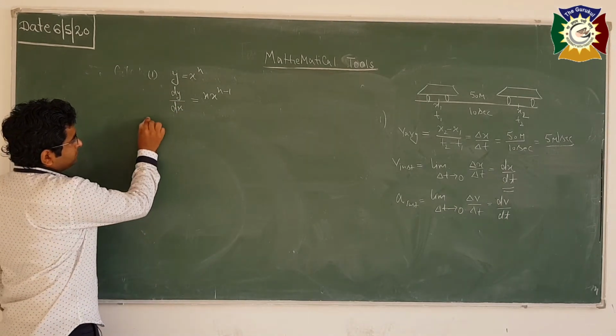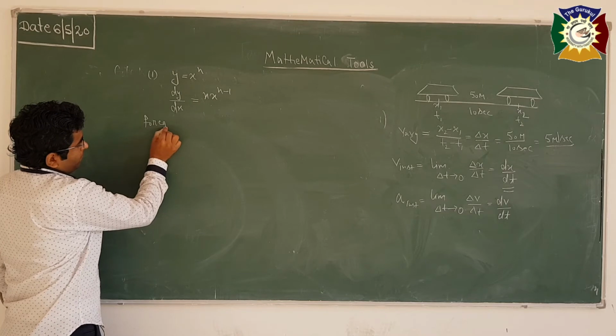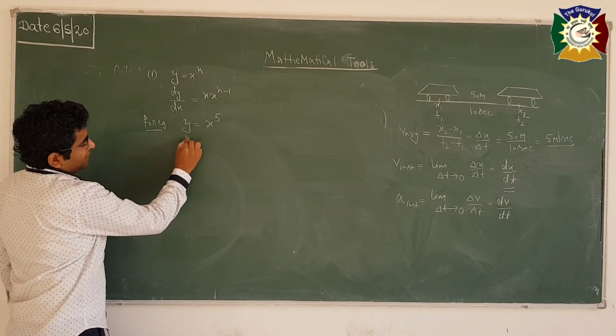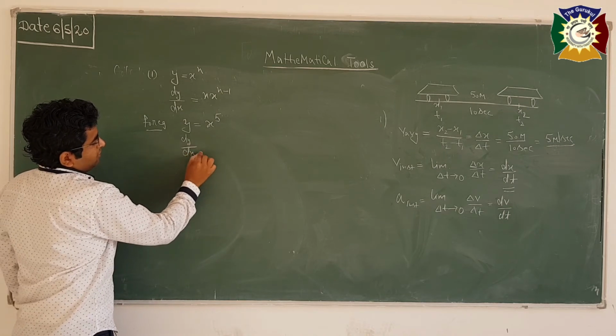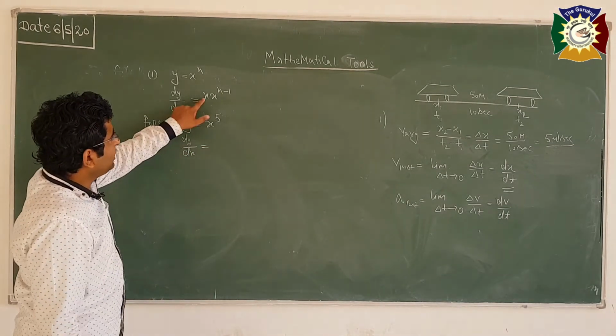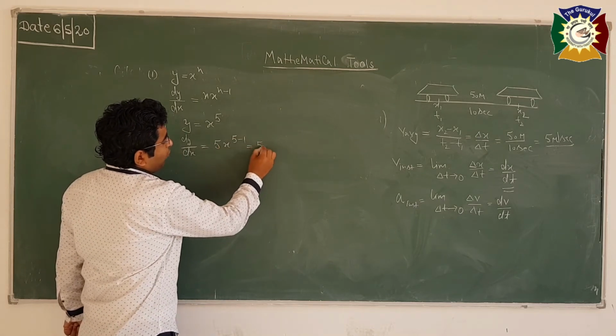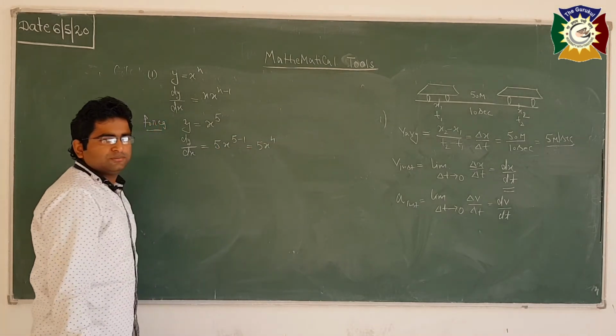For example, y equal to x to the power 5, then dy upon dx will be equal to 5 x to the power 5 minus 1, that is 5x to the power 4.